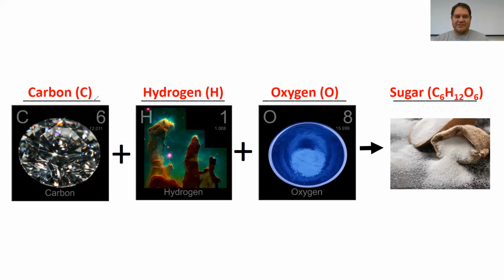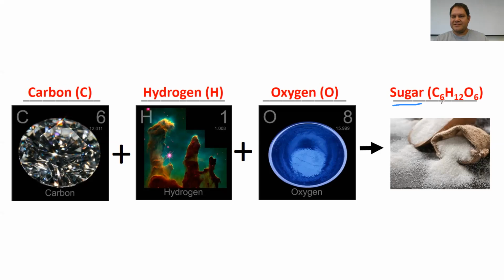And so we take elemental carbon and we add it to hydrogen and we add it to oxygen and we create the all important molecule sugar, which we all love. I don't know anyone that doesn't like sugar. We use sugar for so many things to sweeten our food and so forth.